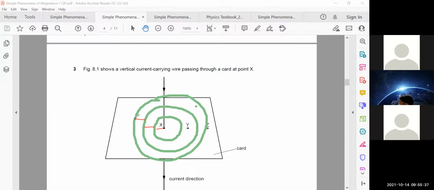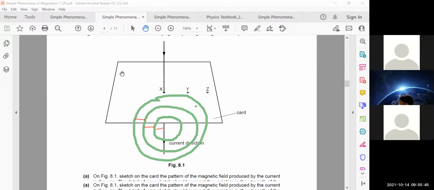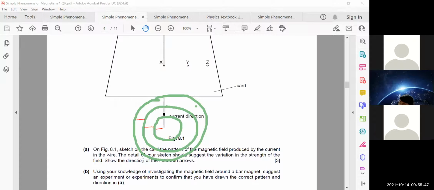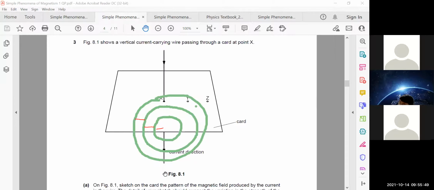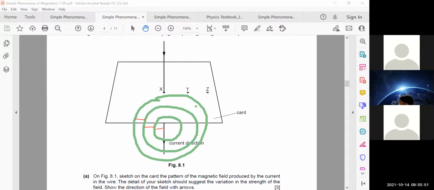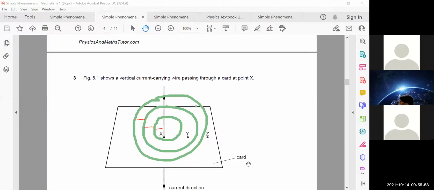When you draw these circles, children, in the exam, remember there should be an increase in spacing as we move away from the conductor. Because let's see the second part of this question, then you will understand. The detail of your sketch should suggest the variation in the strength of the field.